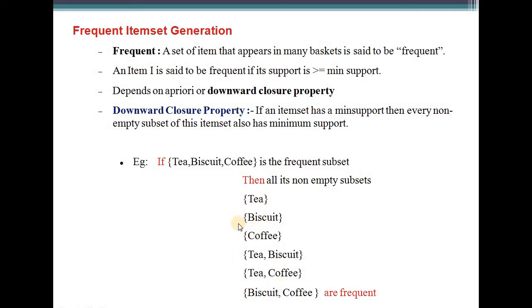If all of them are frequent independently, then this particular set is also frequent. That is the consideration explained in frequent item set generation, and this property, that if a set is frequent then all its non-empty subsets are frequent, is known as the downward closure property.